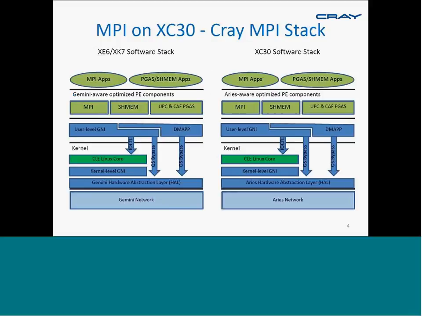Just something I should mention here is that on the left you should see what would be typical of, say, the Titan supercomputer, an XE6 or XK7, and the XC30 is on the right. And the first thing you'll probably notice is that there aren't very many differences between these two pictures. The only difference is that on the left there's the word Gemini, which refers to the Gemini interconnect, and on the right, where you saw Gemini, you see Aries.